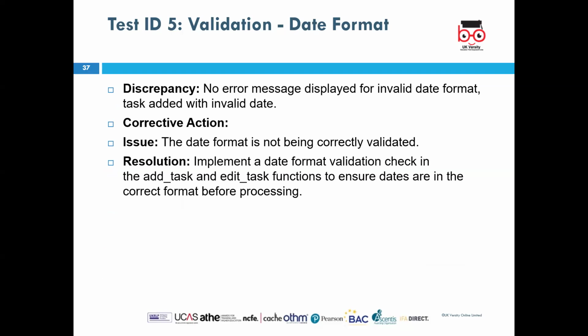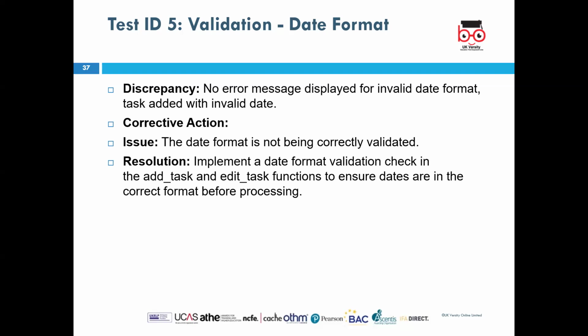Now we're going to look into validation for our data format. So what could be the discrepancies? There could be no error message displaying for invalid data format, task added with invalid date. So, corrective action.